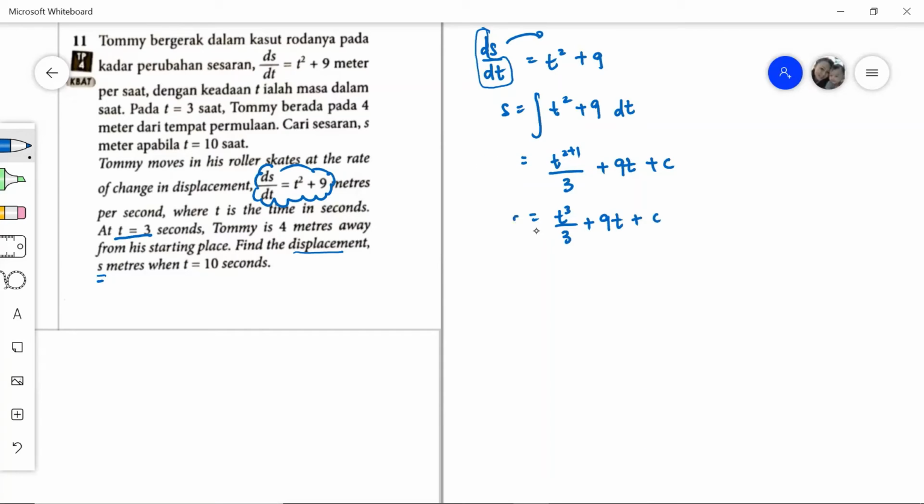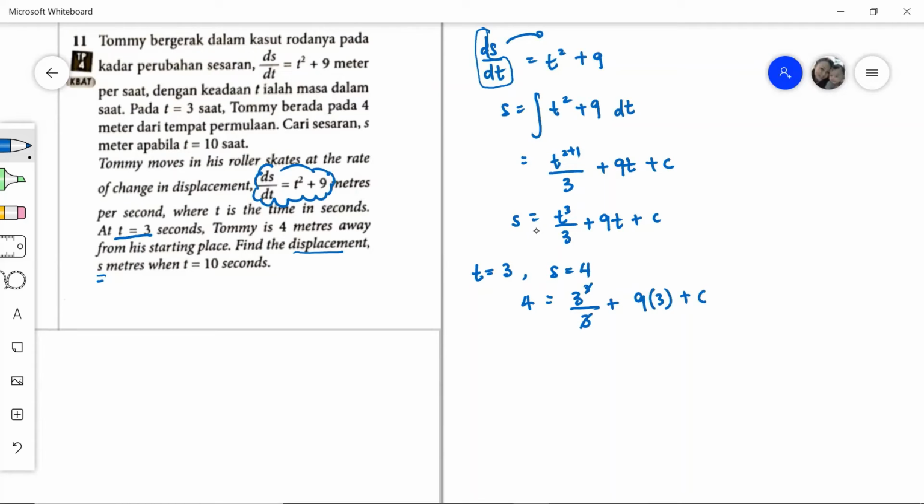Just write the s here. And then when t equals to 3, s equals to 4. So with this information, let's substitute into our equation of s so that we can find what is the value of c. So 3 to the power 3 over 3 plus 9 times 3 plus c.